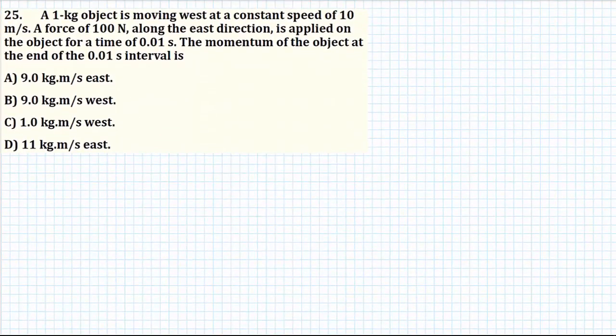A one kilogram object is moving west at a constant speed of 10 meter per second. So we have a mass, 1 kilogram, moving west at a speed of 10 meter per second. A force of 100 Newton along the east direction is applied on that object.